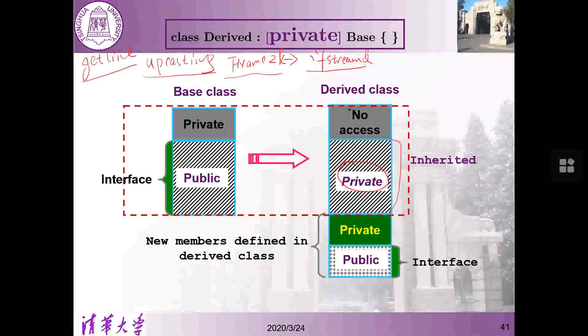And also the private part, no access, right? We know that. Because we do not have the same interface in the derived version, it does not follow the is-a relationship. So where the base object can be used, the derived object cannot be used. Okay, so this is private inheritance.